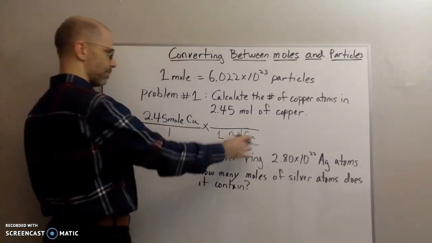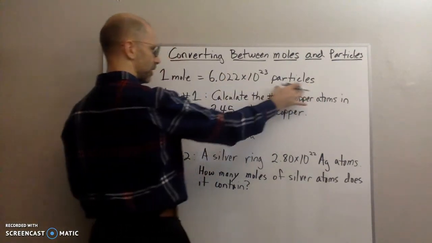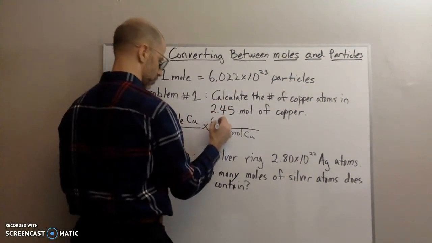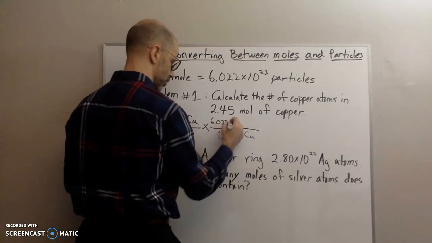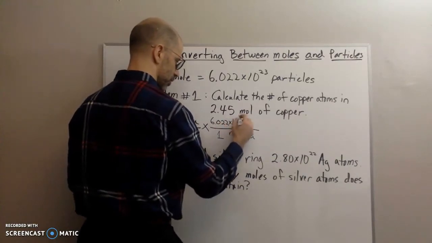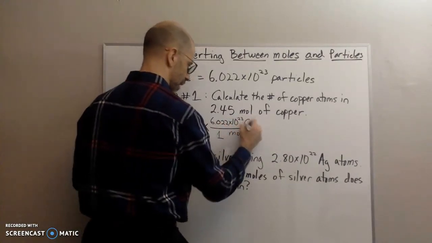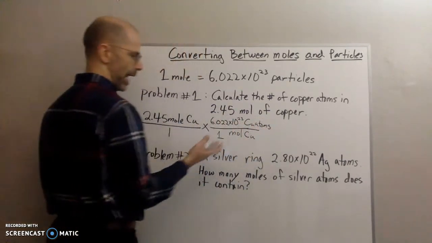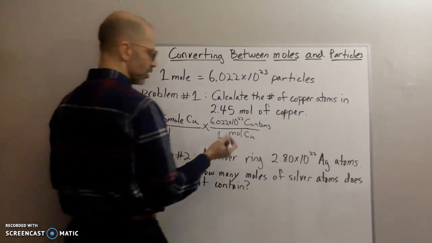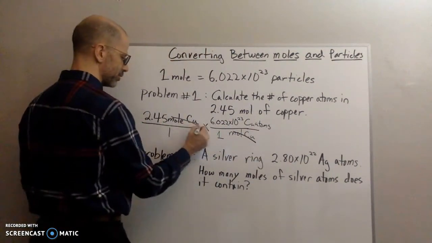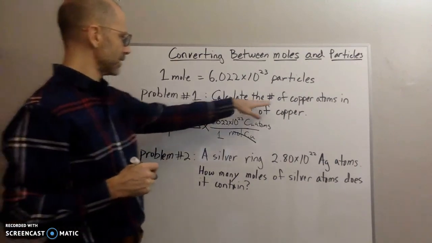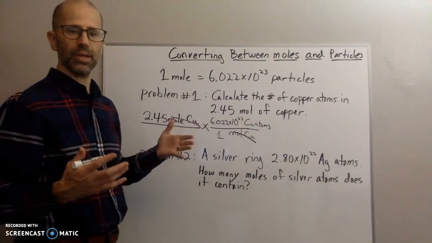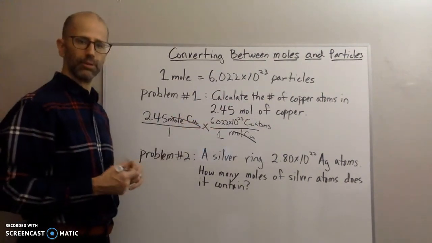That means I'm going to put this many particles, in this case atoms: 6.022 times 10 to the 23rd copper atoms, or atoms of copper. So the moles of copper cancel out. They are asking for number of copper atoms, and I've got copper atoms on the top. I am done. So this is a 1-step conversion problem.